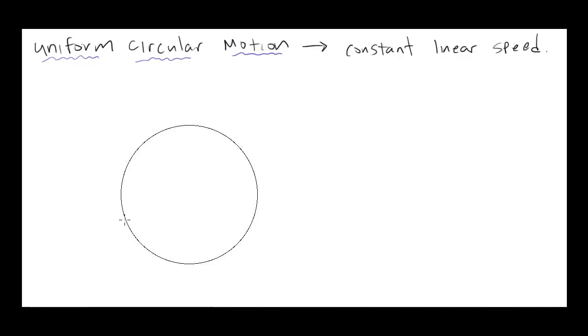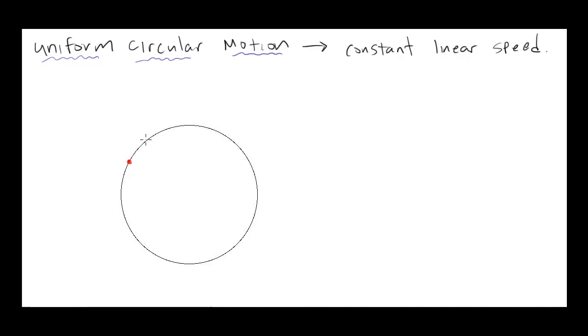So I've got this circle here, and I want to imagine that this circle is describing the motion of some object. At any given point in time, let's say at this moment right here, the object is moving. It has a linear speed in this direction, tangent to the circle, right?